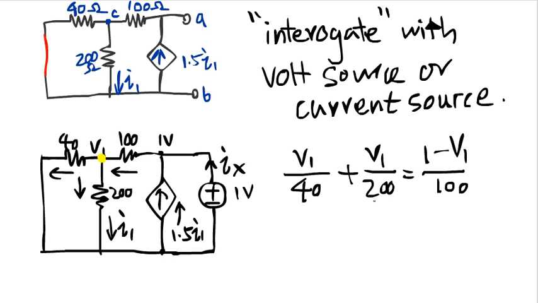Now we got a lucky break here, because this is an equation that consists of only one variable, so we can easily find that V1 is 0.25 volt.